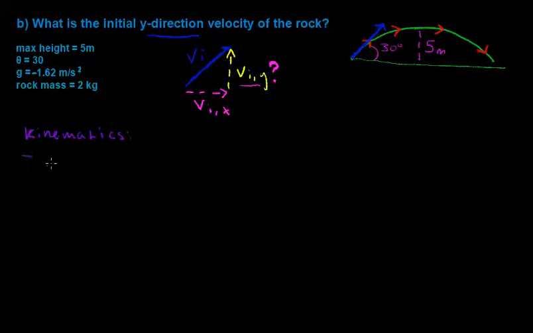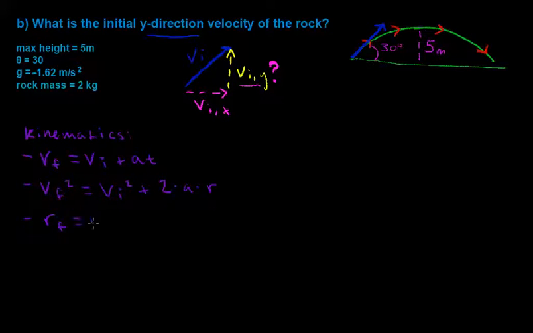So the first equation would be that the final velocity is equal to the initial velocity plus acceleration times time. And then the second equation is that the final velocity squared is equal to the initial velocity squared plus 2 times acceleration times distance. And then the third and final equation is that the final distance is equal to the initial distance plus the initial velocity times time plus 1/2 of acceleration times time squared.